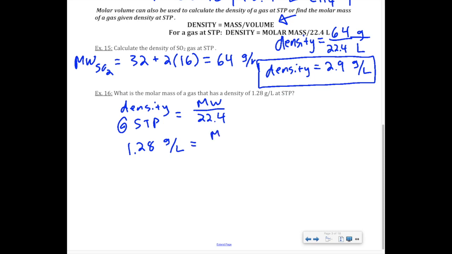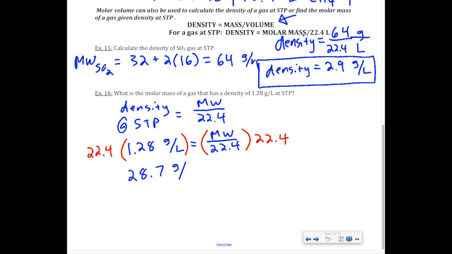Now I've got to figure out my molecular weight. So just take both sides and multiply by 22.4. I'll go ahead and show that. 22.4, and that will cancel it out. And I find out that my molecular weight is going to be 28.7 grams per mole. Okay, grams per mole.